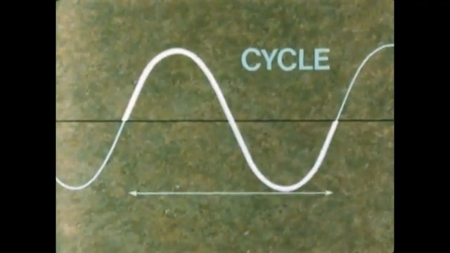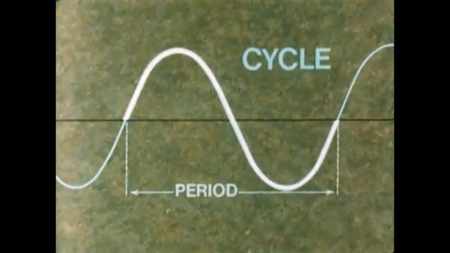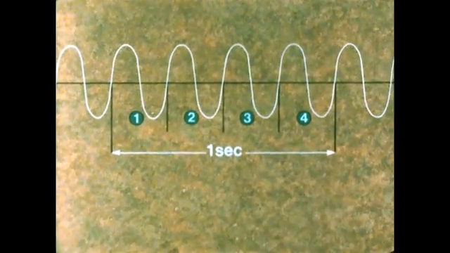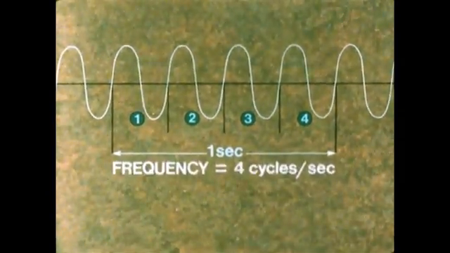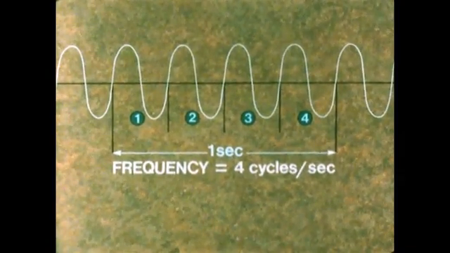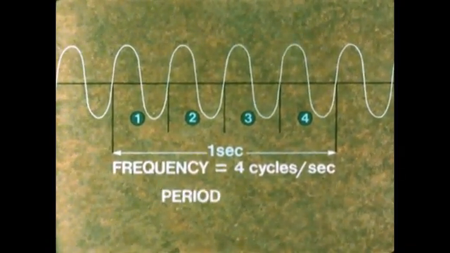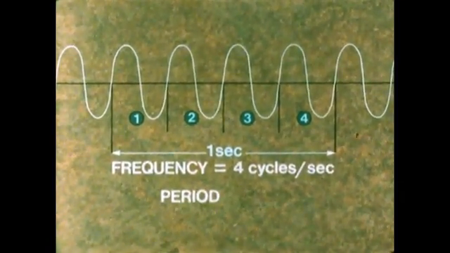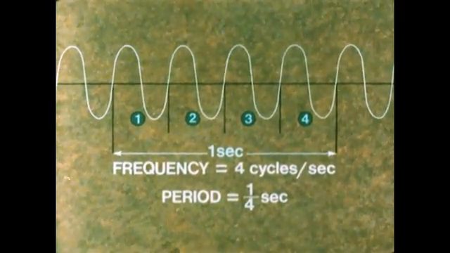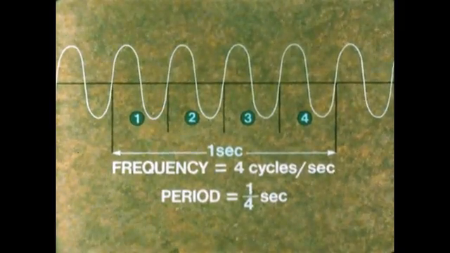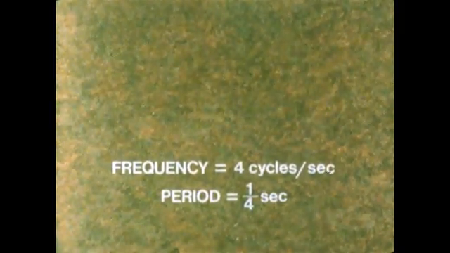The time taken for a cycle is called the period. If in 1 second 4 cycles have been completed, we say the AC has a frequency of 4 cycles per second. In this case, the period, the time taken for 1 cycle, is of course a quarter of a second. And from this we can see a relationship between period and frequency.